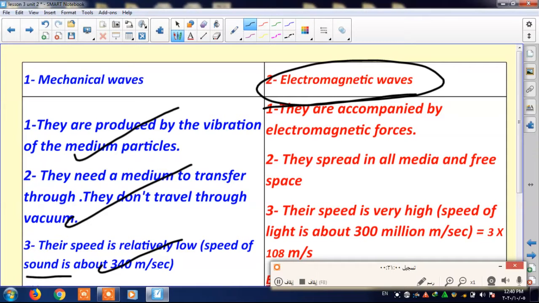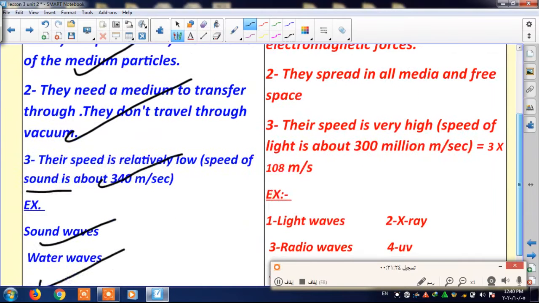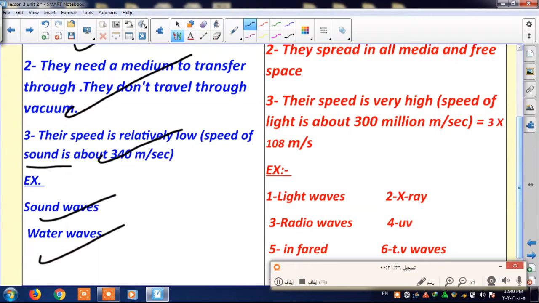But if there is a medium, the electromagnetic wave can still propagate. We can see the light of the lamp. Why? Because the light of the lamp is an electromagnetic wave, so it can propagate in space if there is no medium, or if there is a medium like the air around us. And the speed of the electromagnetic wave is very high.